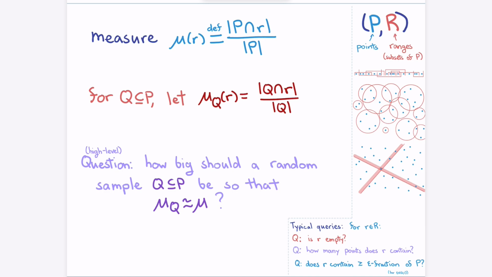But you can imagine this being natural. You're a wireless telephone company, and you can place towers anywhere. They induce some disk capturing a certain population of people.